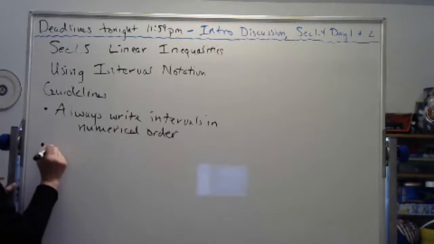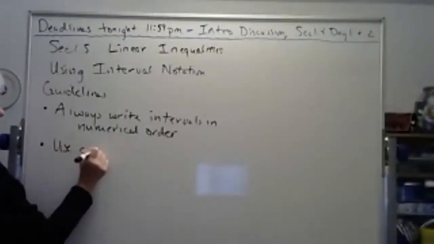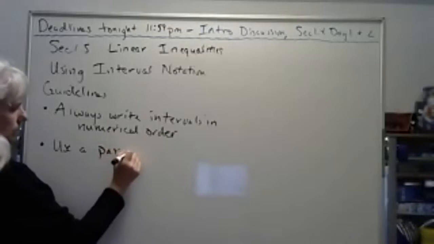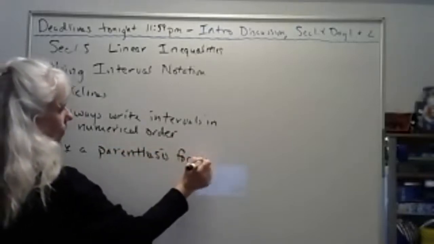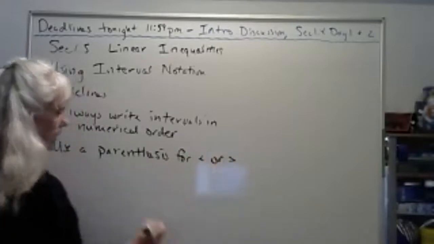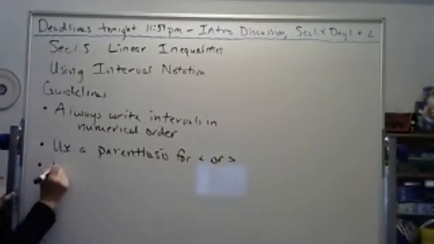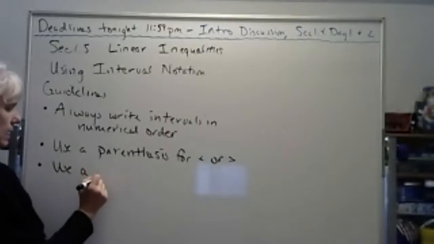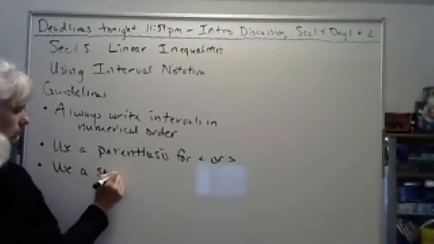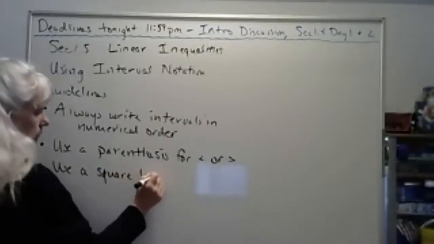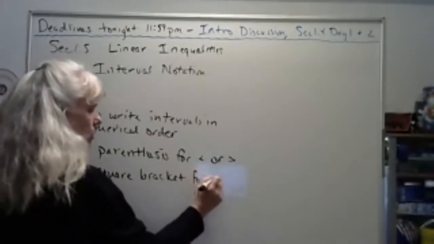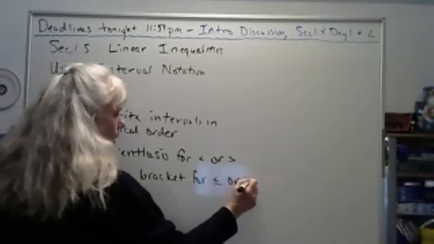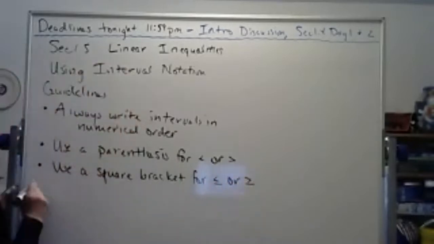You always want to make sure that you use a parenthesis for a less than or greater than symbol. You're going to use a square bracket for the less than or equal to, or a greater than or equal to symbol.